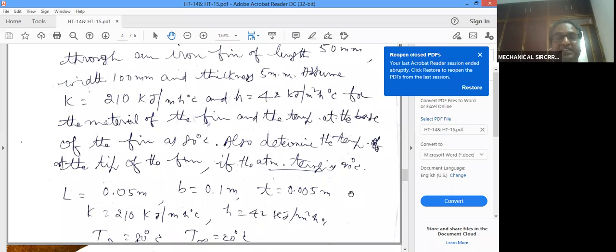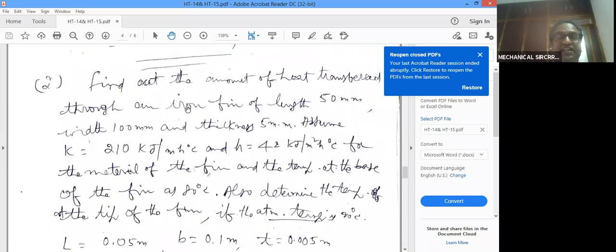So here you have to calculate heat transfer rate by assuming an insulated pin: Q is equal to root HPKA into T naught minus T free stream into tan h ml. By using that formula you can calculate heat transfer.